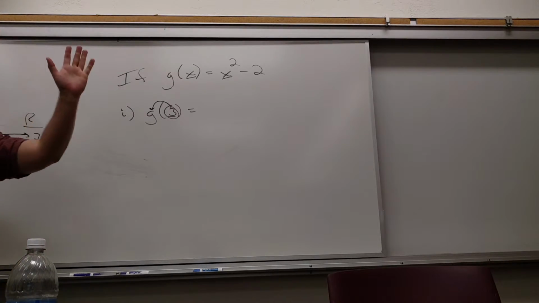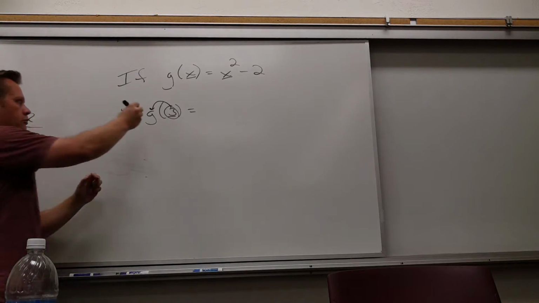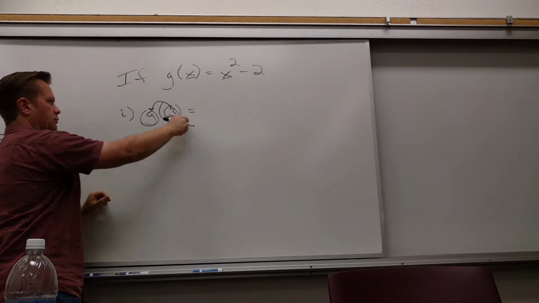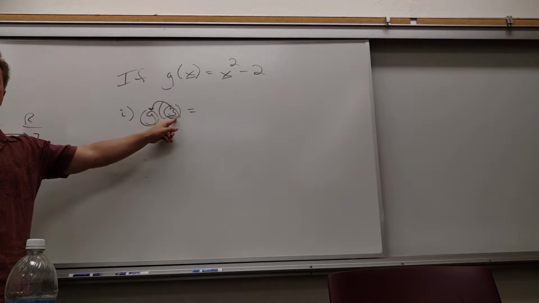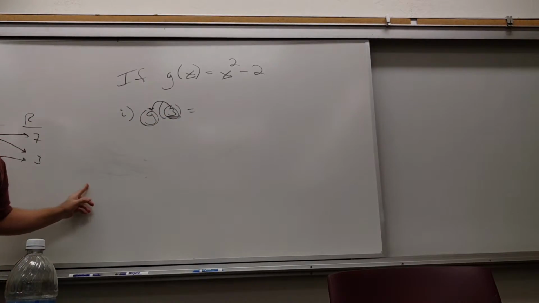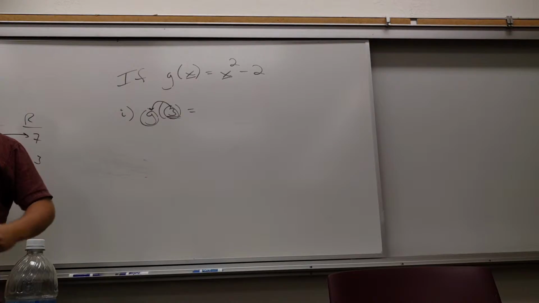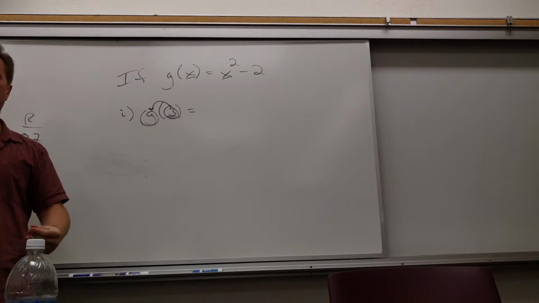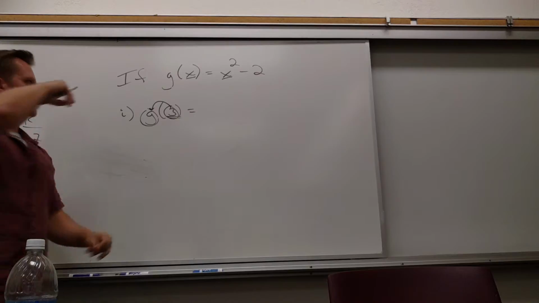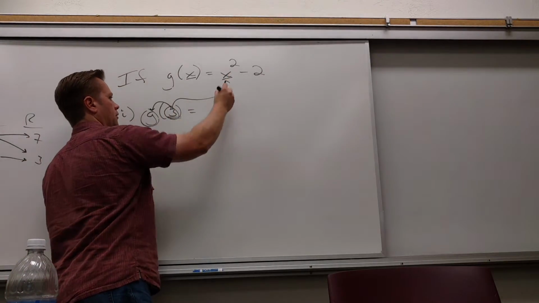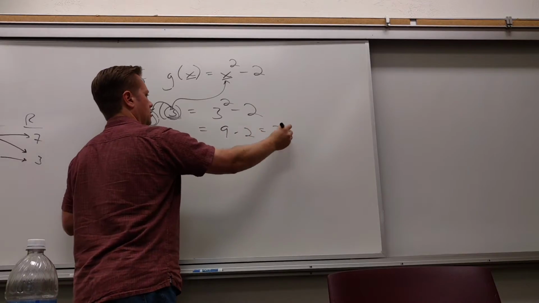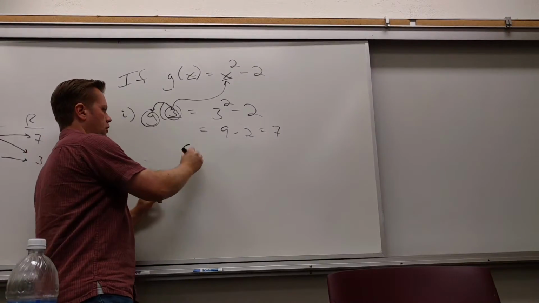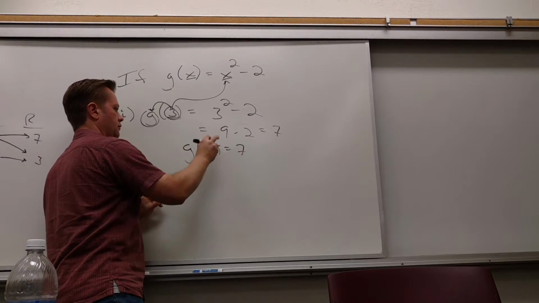Whatever's inside the parentheses, that's what I put in. So I read this as g of 3, the same way I read square root of 9. For the same exact reason, I'm putting a number into a function. So g of 3 is 7.